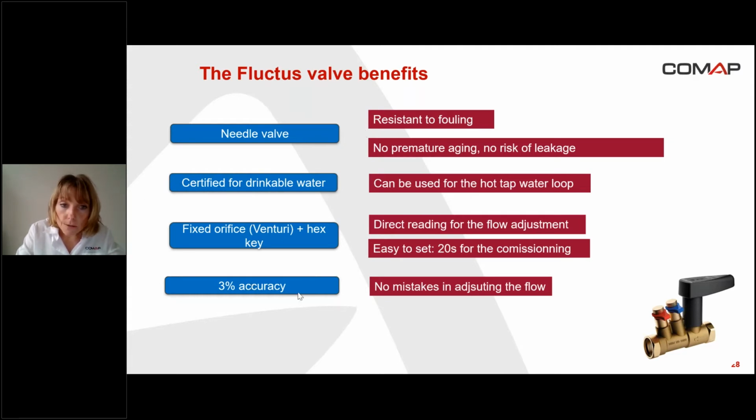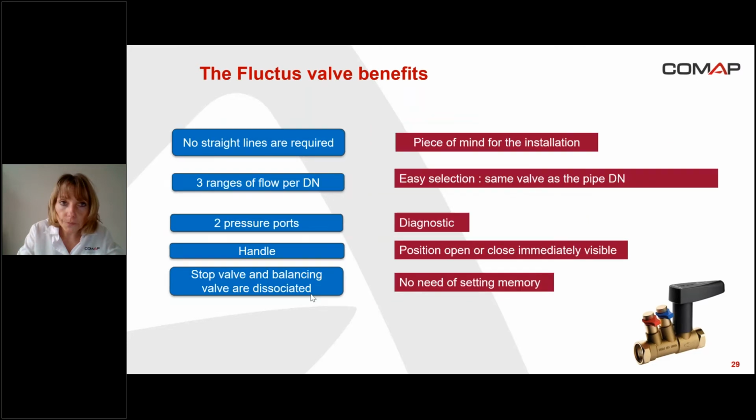3% accuracy, so there are no mistakes in adjusting the flow. We are sure it's going to be the right flow. No straight lines are required in order to stabilize the flow, so it's peace of mind for the installation. There are 3 ranges of flow per DN.